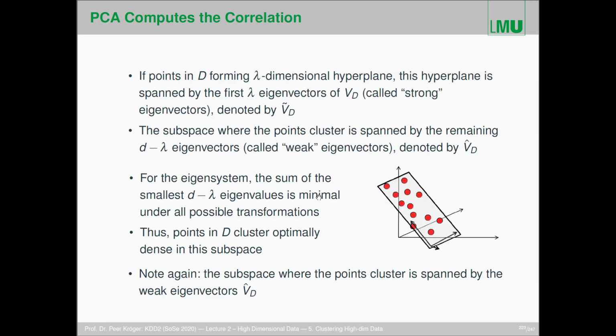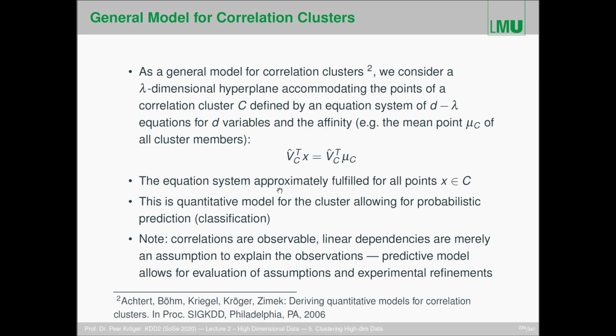So in that case, we say that the equation system is at least approximately fulfilled for all points of the cluster. Yeah? And this is a quantitative model for the cluster, and we can even use it for probabilistic prediction, for example, for classification. Yeah. But the more important part is that this equation system explains the correlation of the points in the cluster.